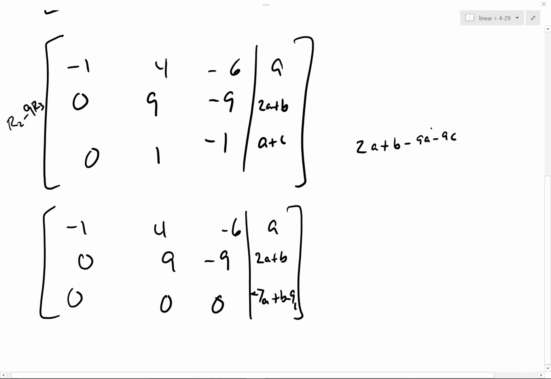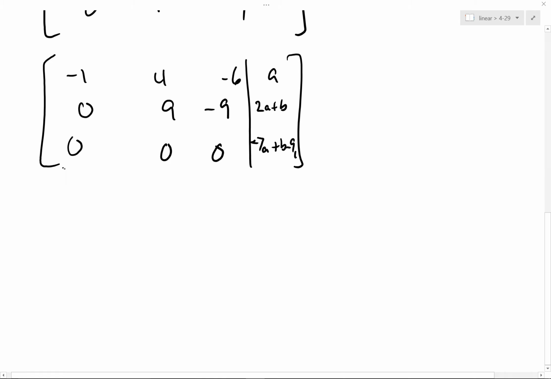Interesting. Now look what happened here. First of all, I got this 0 row here, which means that somebody was linearly dependent, which means that this cannot form a basis because they're not linearly independent. That's number one. Number two, what does this look like? This actually is kind of exciting.